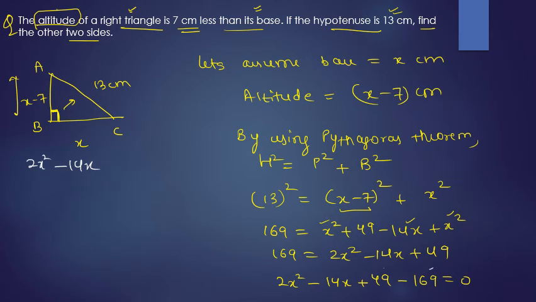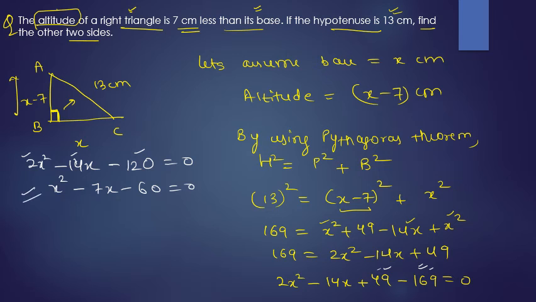So 9 minus 9 is 0, 16 minus 4 is 12. Because 169 is greater, you have to mark a minus sign. So this is 0. Now you can further simplify this by dividing by 2: x square minus 2 sevens are 14, 2 sixes are 12.